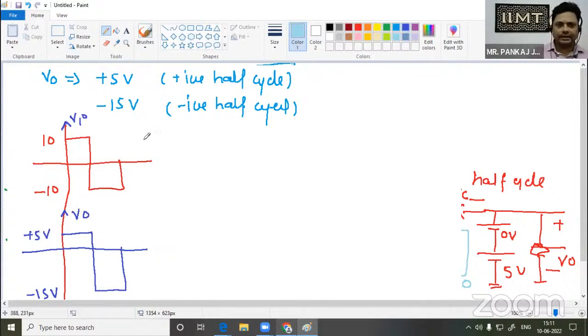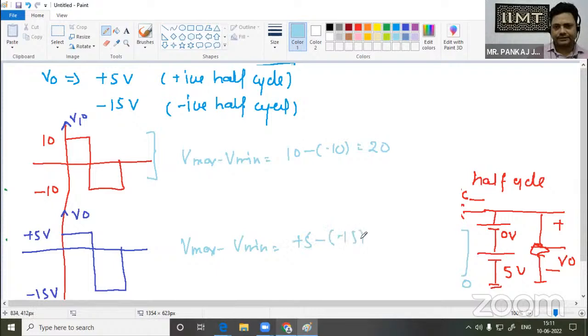So it is very clear, the difference of V maximum and V minimum here is 10 minus minus 10, it is 20 volt. And at the output also, V maximum and V minimum, this is plus 5 volt, minus 15 volt, again it is 20 volt. Okay, students. So I think it is clear that the difference of input and output voltage remains the same after solving the clamper circuit.